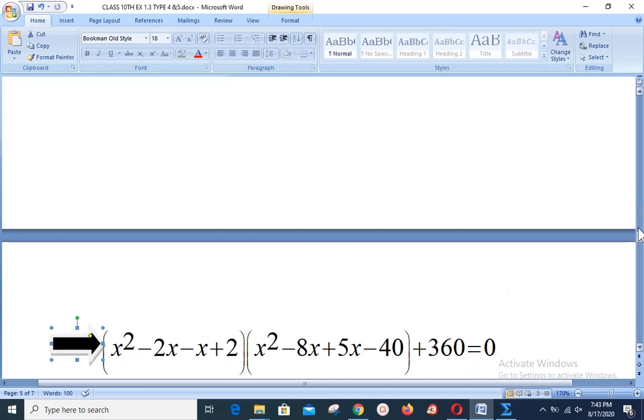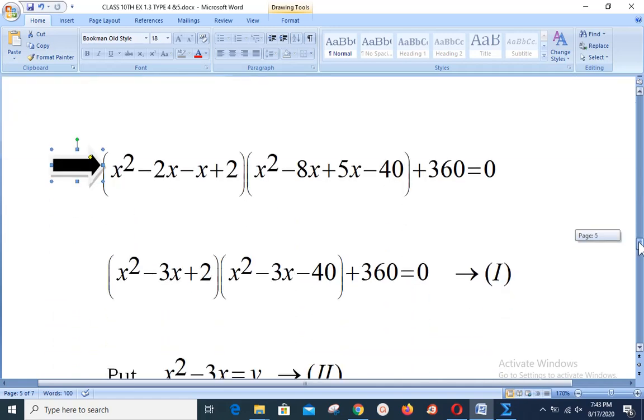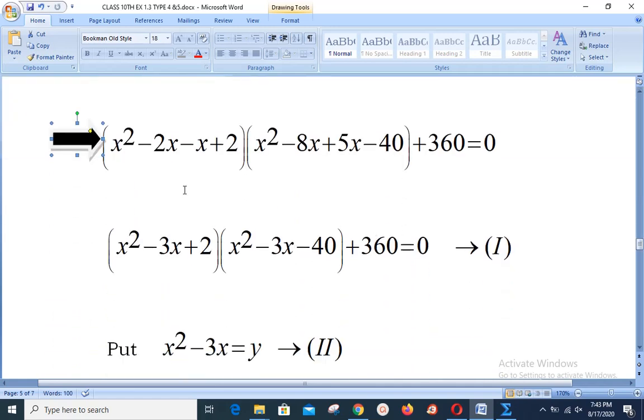In the next step, we simplify the values inside the brackets. We have minus 2x minus x as minus 3x, likewise minus 8x plus 5x as minus 3x. So our next step becomes (x square minus 3x plus 2)(x square minus 3x minus 40) plus 360 is equal to 0. This is my equation number 1.